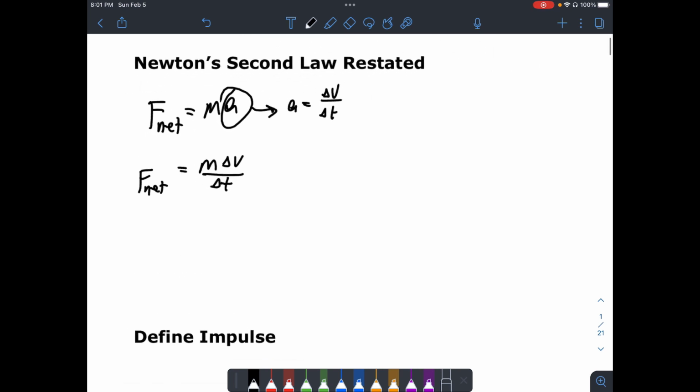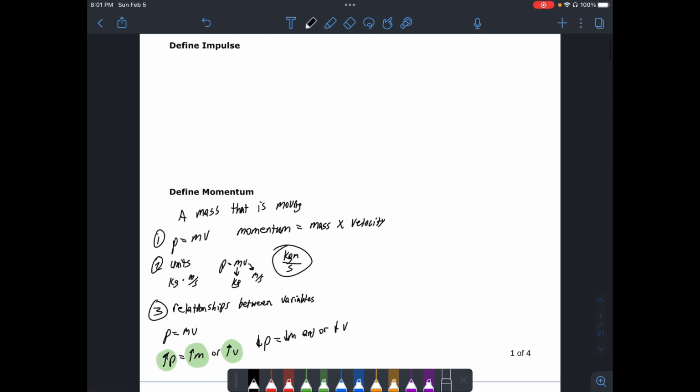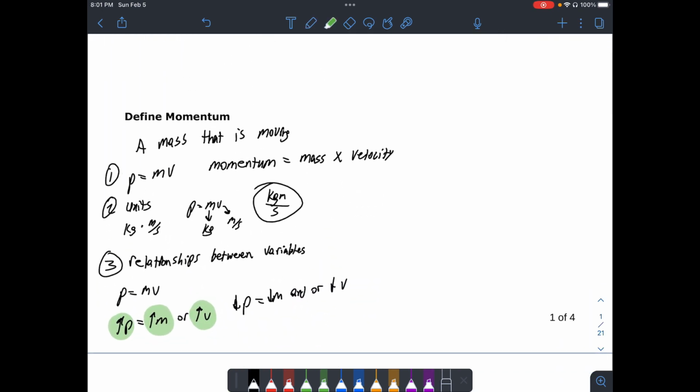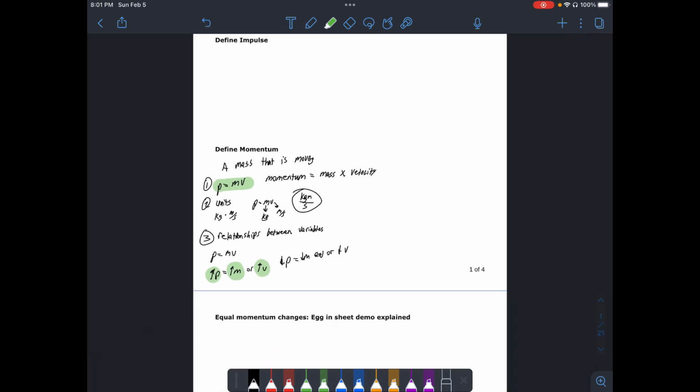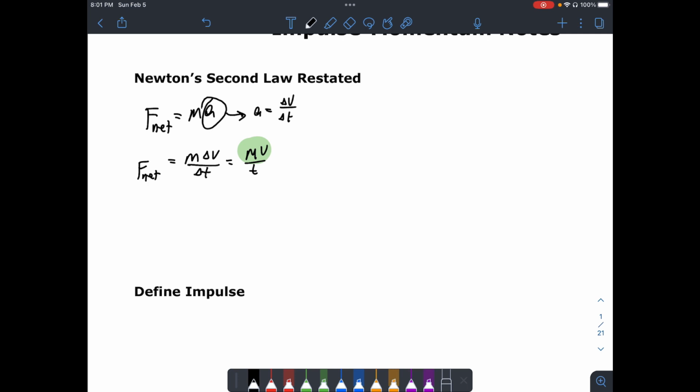And I can also write this, I can just drop the triangles or the deltas. And our numerator up here looks very similar to something we just talked about, which is momentum. Right, so we can actually write Newton's second law in terms of momentum. And I'm just going to drop the net on this.